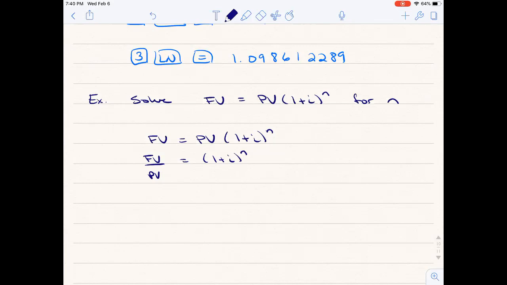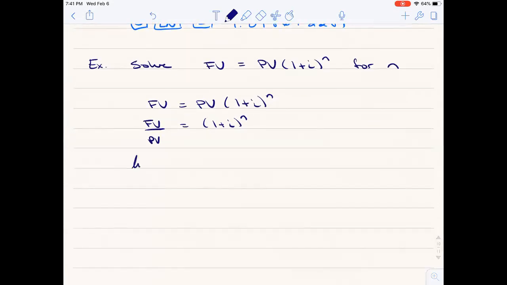Now we can't do anything with 1 plus i to the power of n because we need to take the log of both sides to bring that n down in front. And so we're going to take the log of the future value over the present value, which is going to be the log of 1 plus i to the power of n.